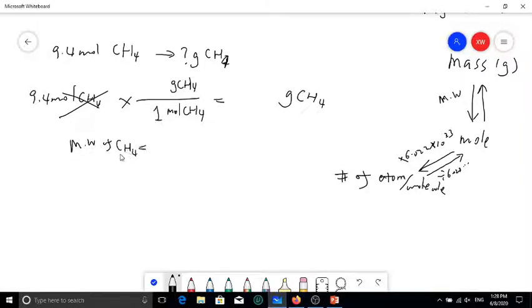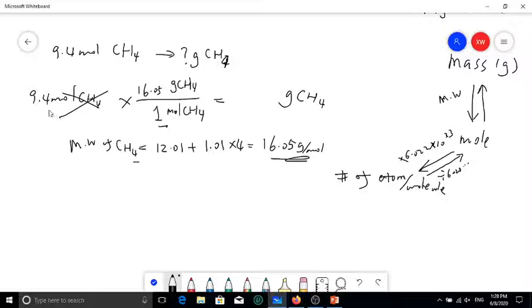The good thing is you're given the formula, so you can add the molar mass of carbon plus hydrogen, and there are 4 hydrogens. So make sure you include the factors if there are any. 16.05 grams per mole. So this means every 1 mole weighs 16.05. This is the molecular weight.